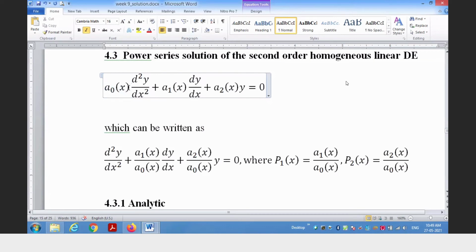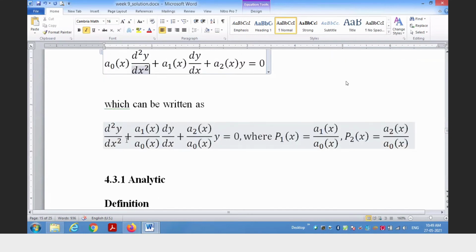So in order to make the leading coefficient equal to 1, we divide all terms by a naught of x. So this will be d squared y over dx squared plus a1(x) divided by a naught(x) times dy over dx, plus a2(x) divided by a naught(x) times y equals 0. 0 divided by a naught(x) is equal to 0.